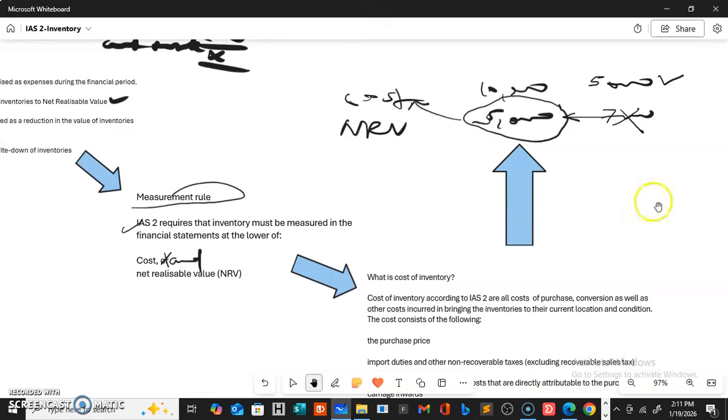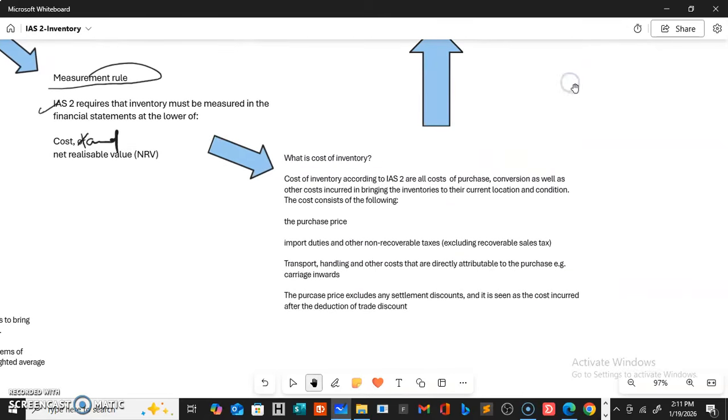So the next one is the cost of inventory, that is, the stock that we're talking about. What is the cost of procuring them at a given market value? The cost of inventory according to IAS 2 is all costs of purchase, the cost of converting that item, as well as other costs incurred in bringing the inventory to its current location.